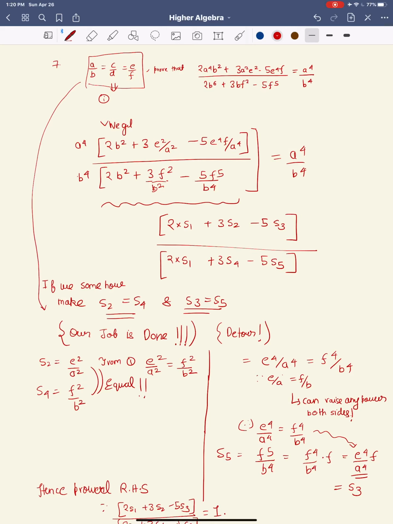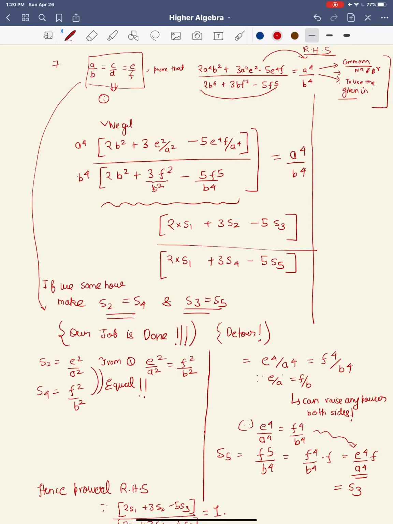The concept is basically that, in order to get a simplified version on the left hand side and arrive at the right hand side, we build upon two things we learned: first, take something common from numerator and denominator, which we already did, and second, use the given info, the concept that we learned in question 1.